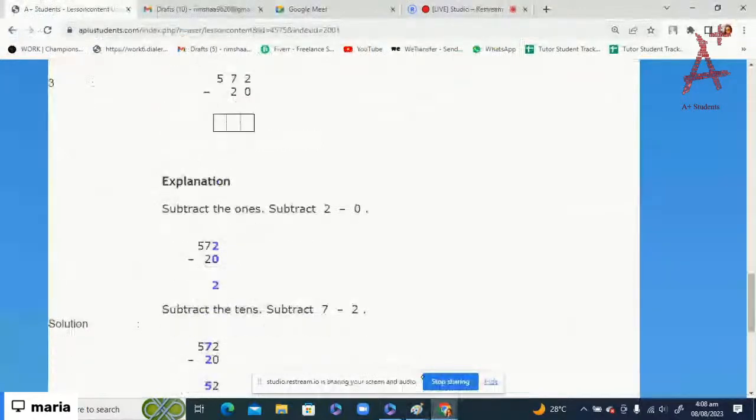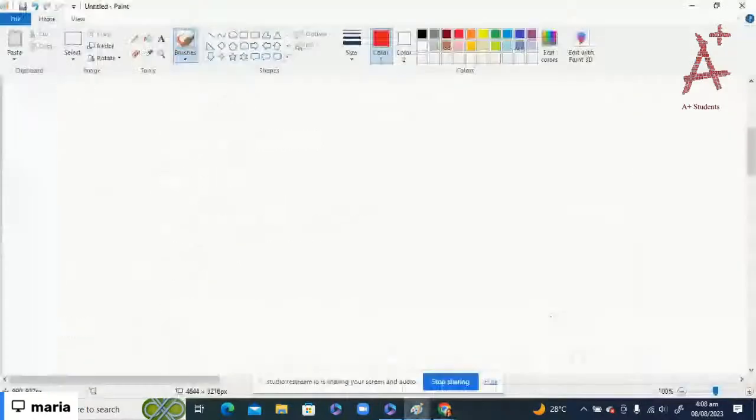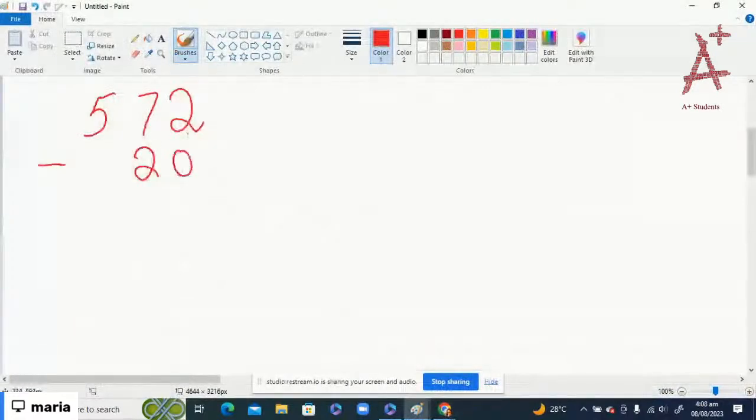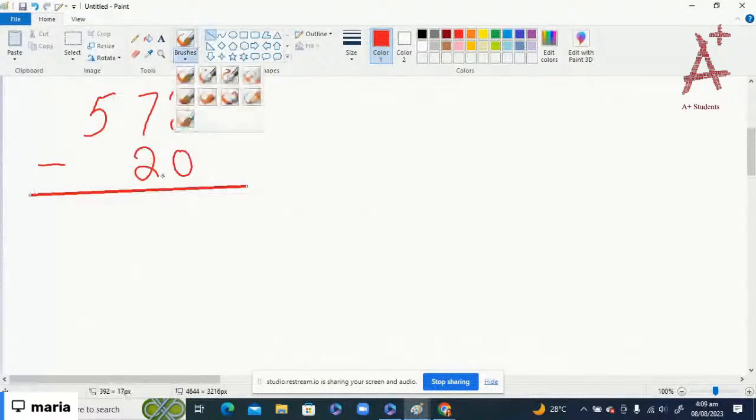Okay, 572 minus 20. It's again 0 here. So what's the answer when you subtract 0 from 2? That is 2, because 0 means nothing.